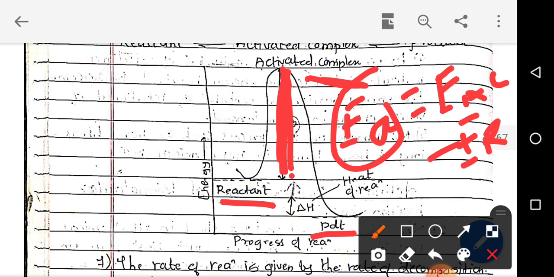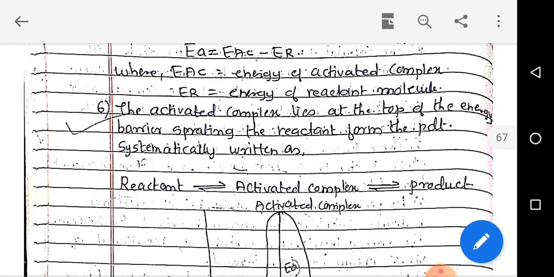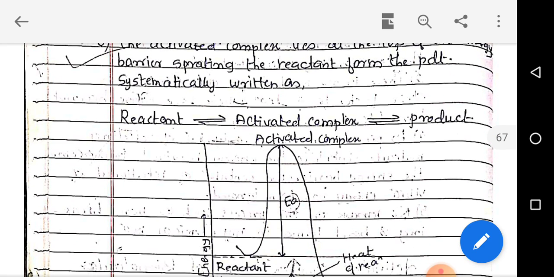Then the difference between the reactant and the product is denoted by delta H. The reactant has the higher energy, so the energy of the reactant minus the energy of the product gives delta H. This is the energy profile diagram.